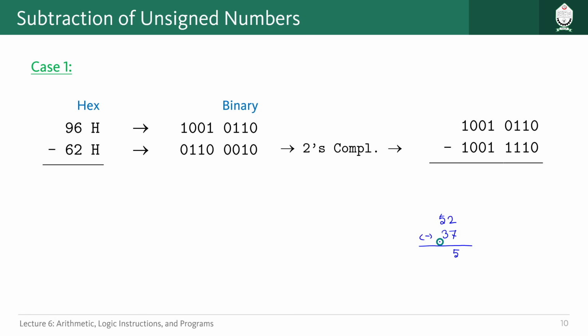So basically what we do is 5 minus 3, and then also an extra 1 will be subtracted here. This one is called borrow, right? So then we get the value 15. A similar concept applies for binary or hexadecimal.